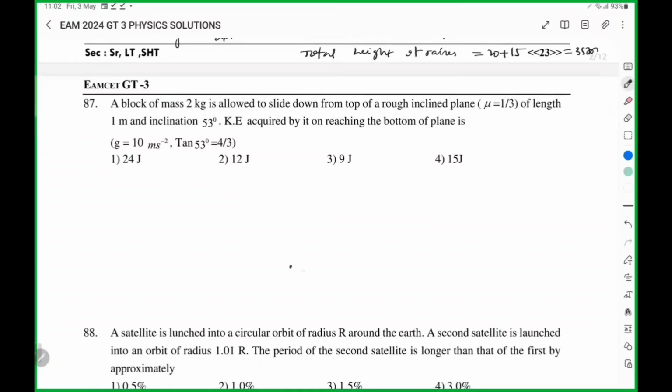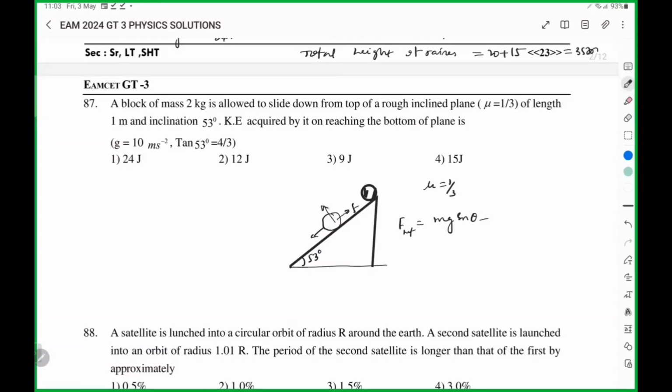So a block of mass 2 kg is allowed to slide from the top of an inclined plane having angle 53 degrees, coefficient of friction is 1 by 3. Net force will be mg sin θ minus the frictional force.